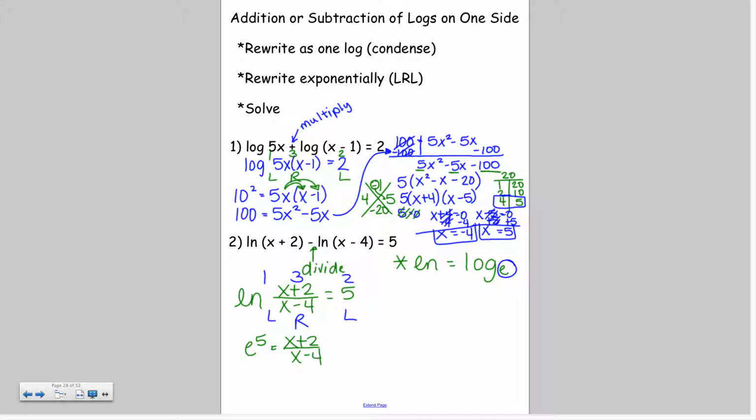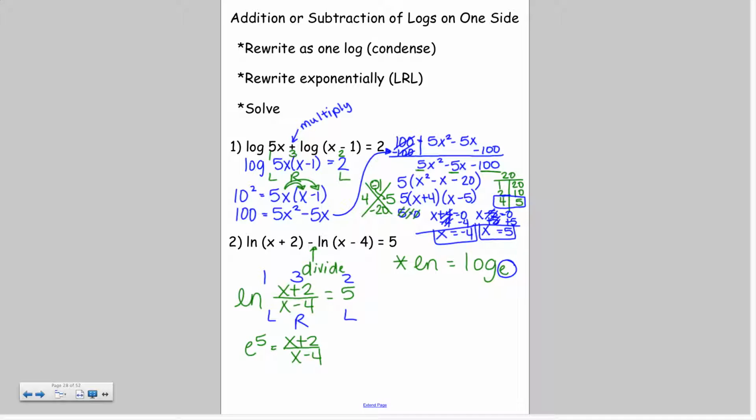All right, now remember, you have to put e to the 5th in the calculator. And in order to do that, if you turn your calculator on and look under the little fancy log button, you'll see the ln. So 2 buttons under the on button, you'll see the ln. You're going to push shift and then push the ln button.